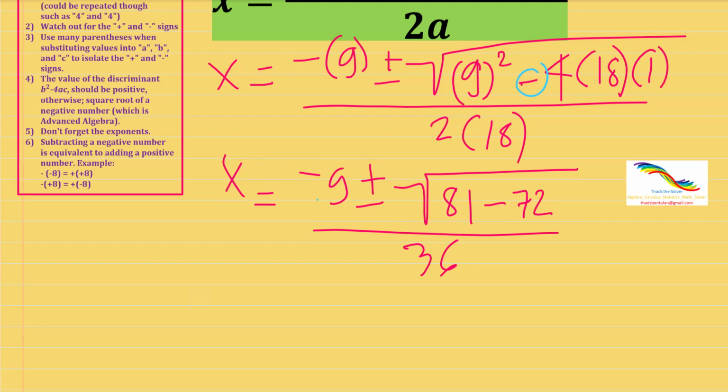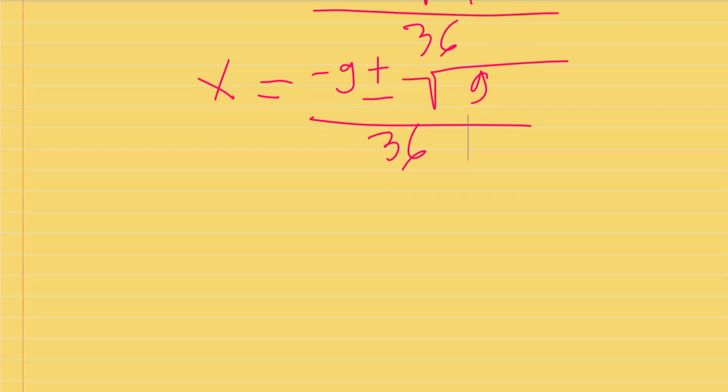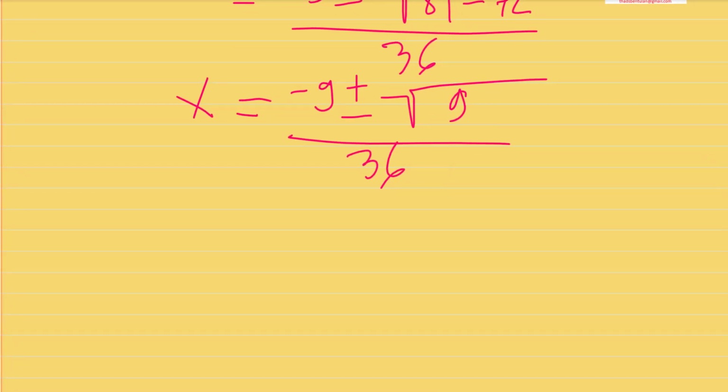Let us simplify further. x equals minus 9 plus minus the square root of 9, all over 36. So we're going to simplify further. So this is x equals minus 9 plus minus square root of 9 is 3, all over 36.